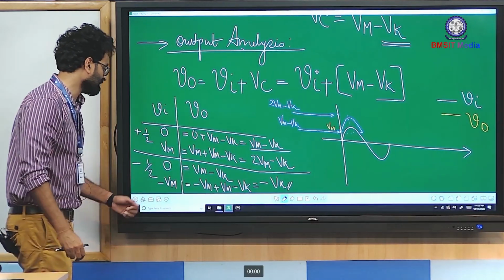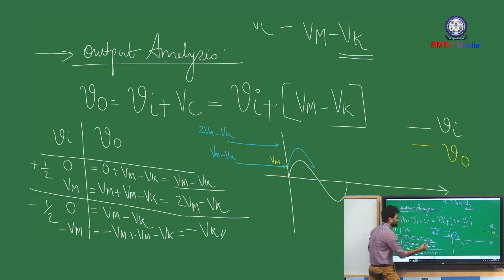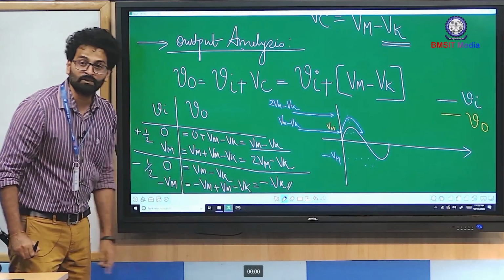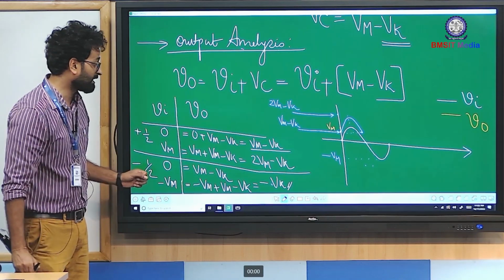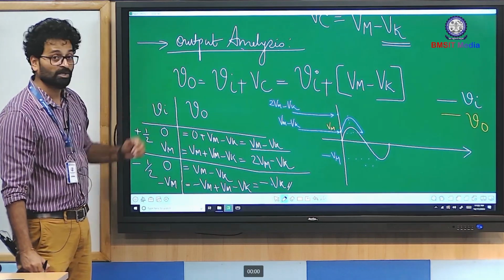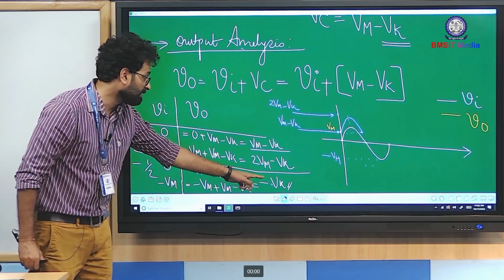And for negative half cycle, when your input is 0, output is at Vm minus Vk level, that is this point only. And when your input reaches minus Vm, where will be your output? Output will be at minus Vk. In case of ideal diode, your output was at 0 volt level, but in case of a practical diode, in a positive clamper, you will find the negative peak of the output at minus Vk level.